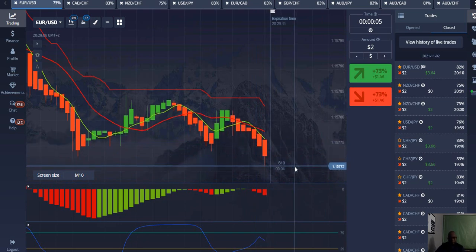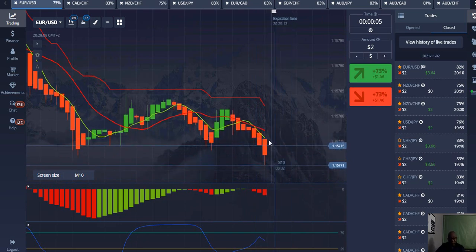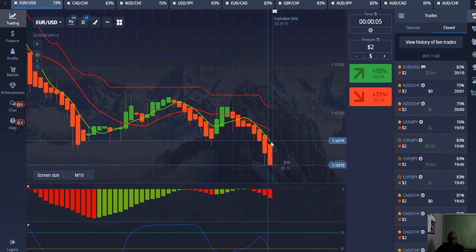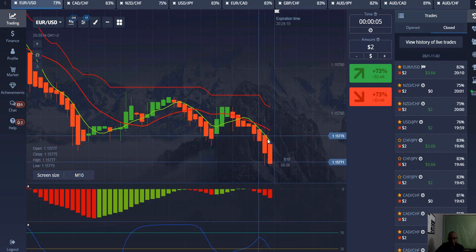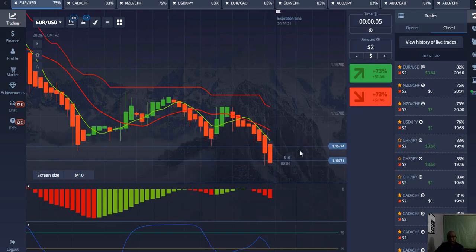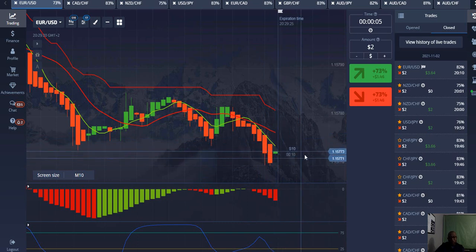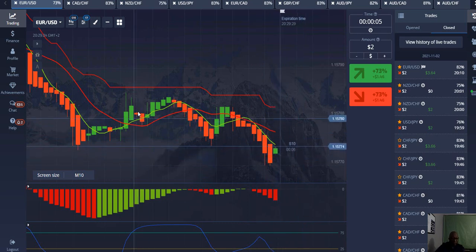Now, what else I want to say is, again, notice how these candles are starting halfway through. Halfway through. And finally, what you guys want to understand is you do not want to take trades on candles like this, on all of these little candles that look like they're confused.